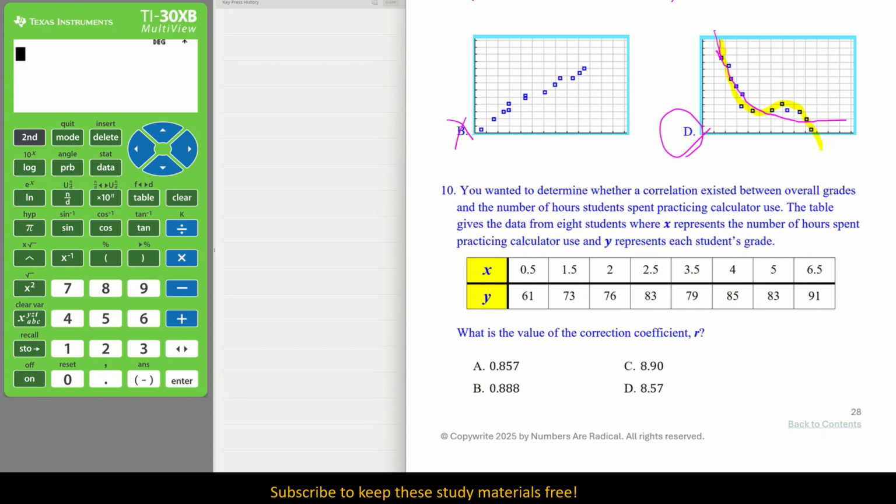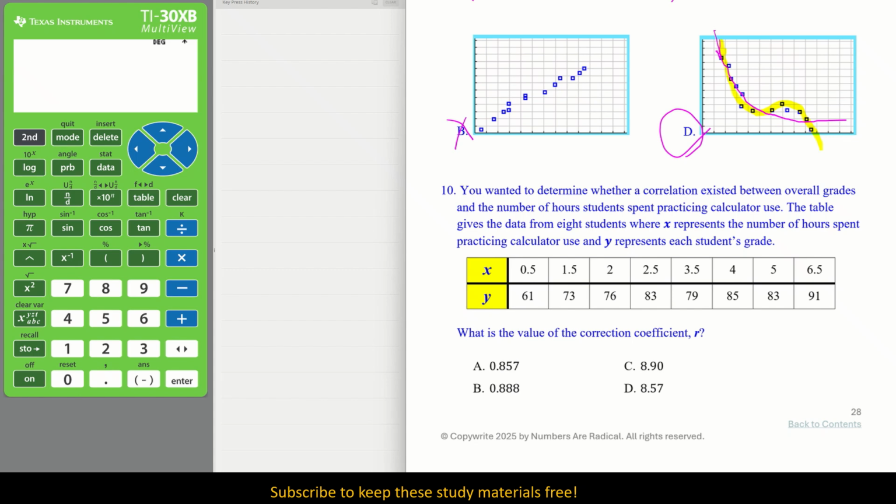The table gives the data from 8 students where X represents the number of hours spent practicing the calculator and Y represents each student's grade. And they said overall grade. So that's for the whole class, math class, obviously, because a calculator makes sense.